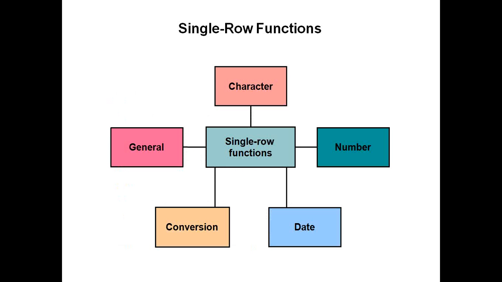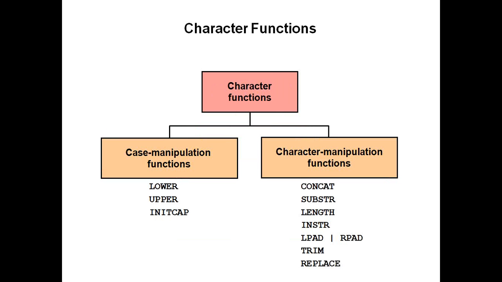When we look at how many types of single row functions there are, there are totally five types: general functions on the left hand side, then character functions, number functions, date functions, and conversion functions. Let us start our journey with the character functions first. Character functions are divided into two categories: case manipulation functions and character manipulation functions.